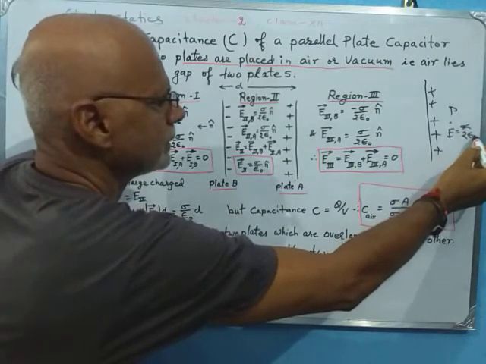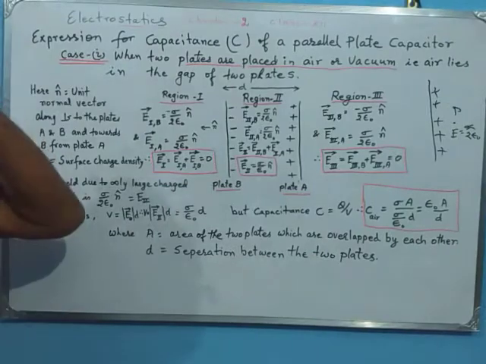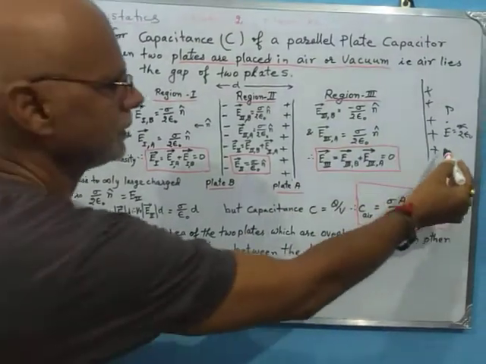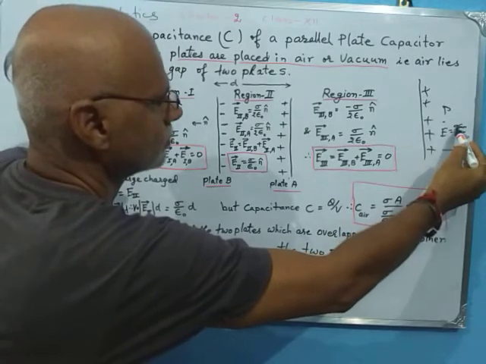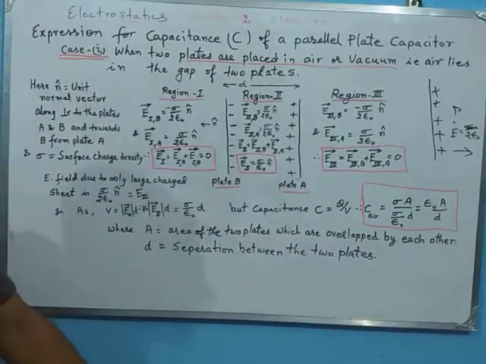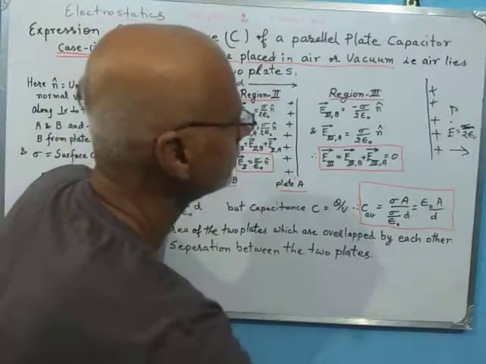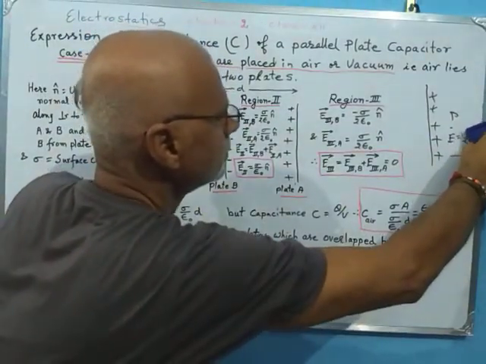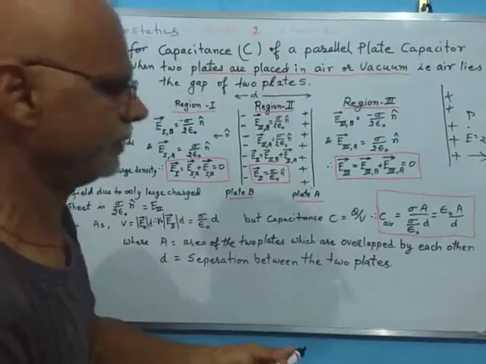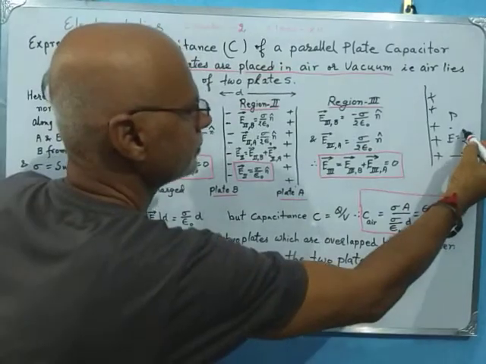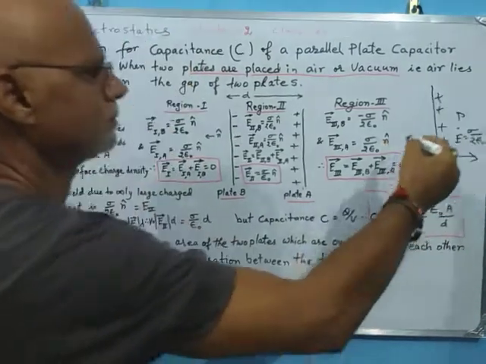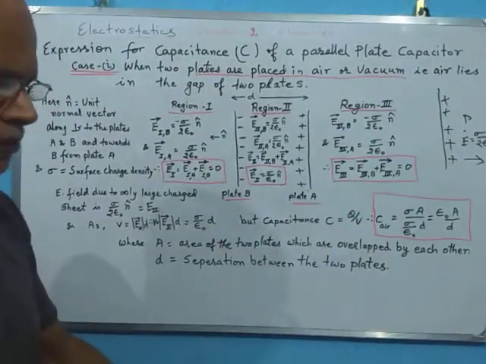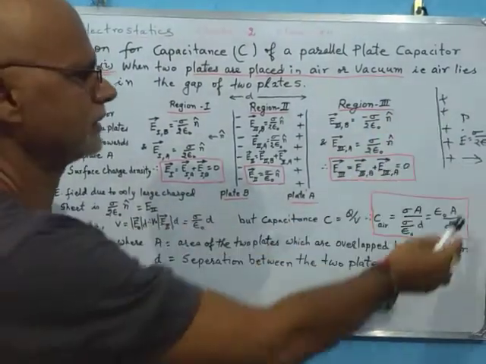We have discussed it earlier, and always for positively charged plate it is radially outward. So this we have already derived: the magnitude of electric field was sigma by 2 epsilon naught for the electric field produced by an infinitely large charge sheet.